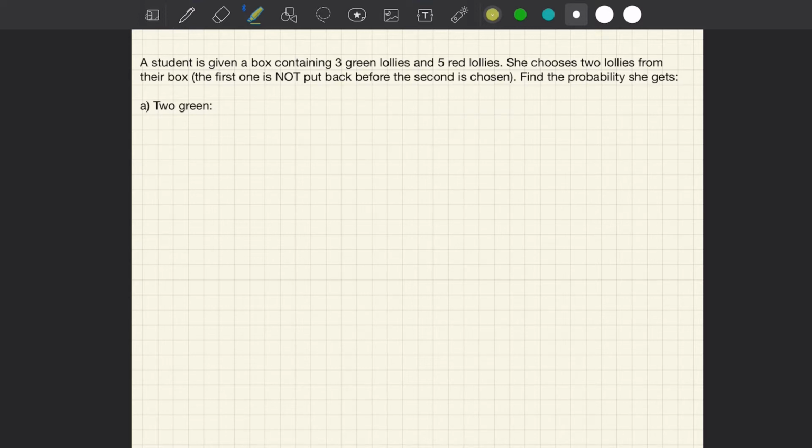Okay, so a student is given a box containing 3 green, let's just mark that there, and 5 red. This is important. This means we have a total of 8. Okay, so our total is 8 and we have 2 colors. Okay, let's keep reading.